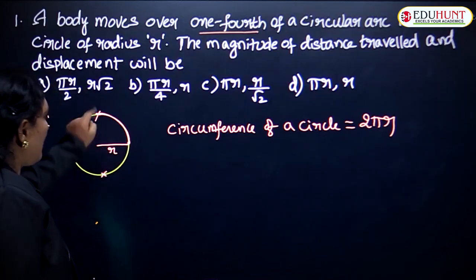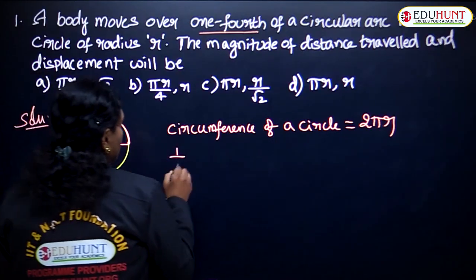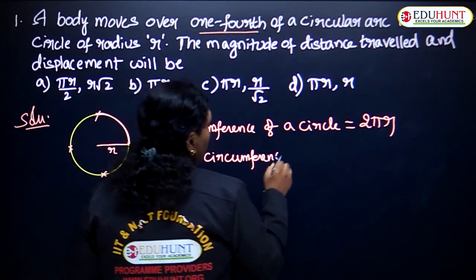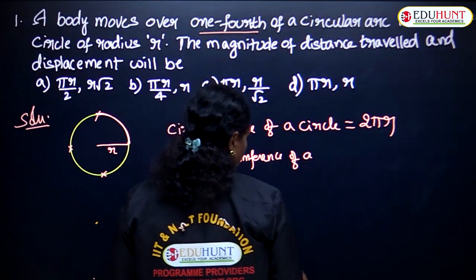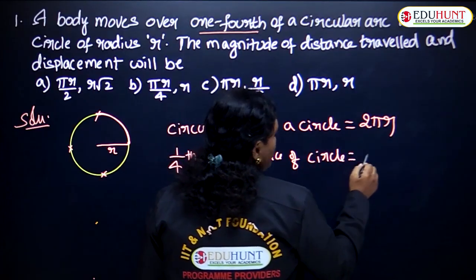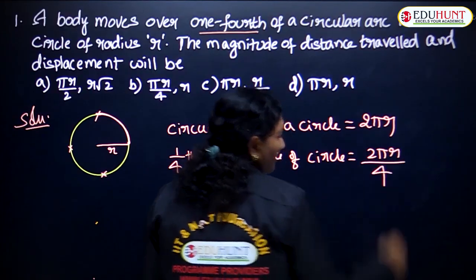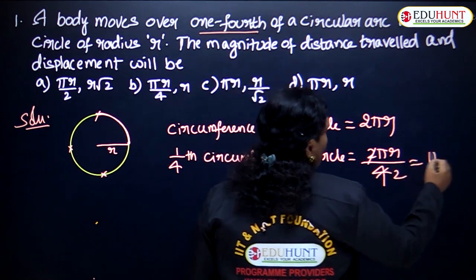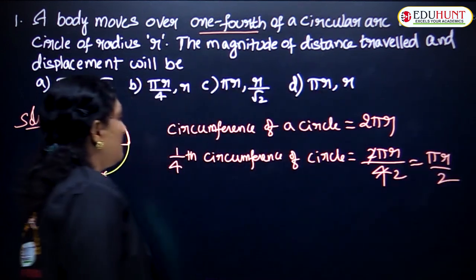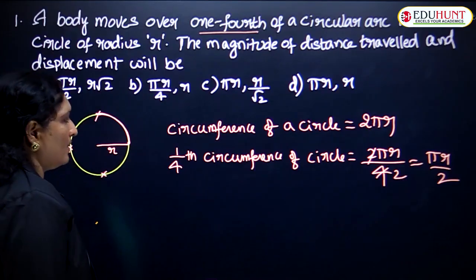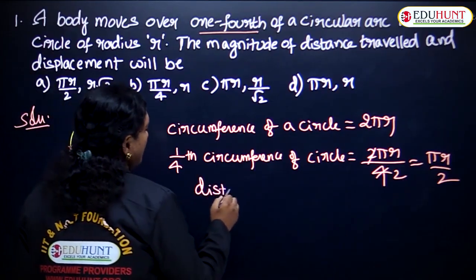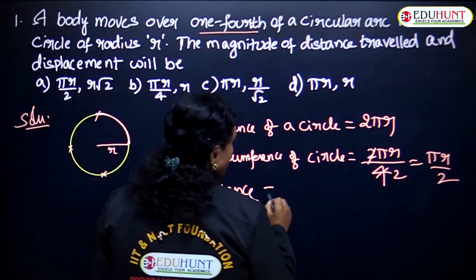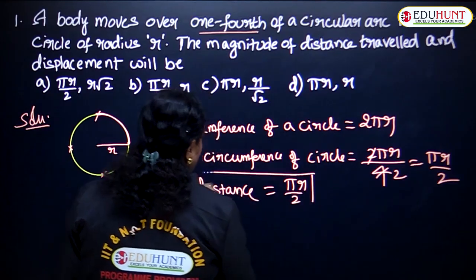And as it covers only 1/4 of the circumference of the circle, how much is that? 2 pi r by 4. 2 goes by 2 times, hence your answer is pi r by 2. So this is nothing but the distance covered by the body. Therefore, the distance covered by the body will be pi r by 2.